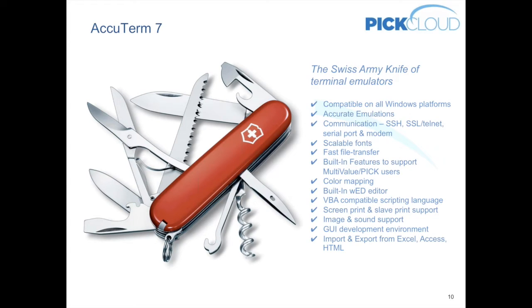Or how can I move my data from my PC into, or how can I take data out of my PICK machine and put it into a PC? Maybe I'm doing some things with spreadsheets or something like that, and Pete's got a lot of that stuff built into the product to be able to do that. So we can communicate with our host and populate a spreadsheet.